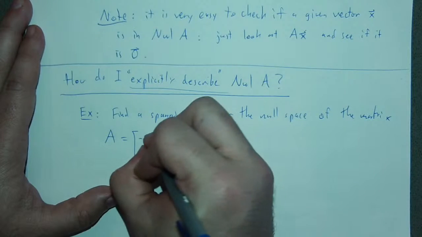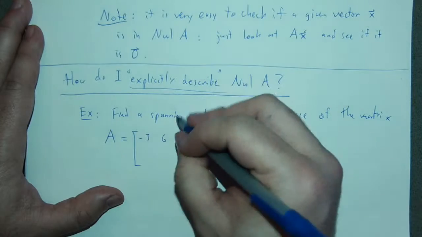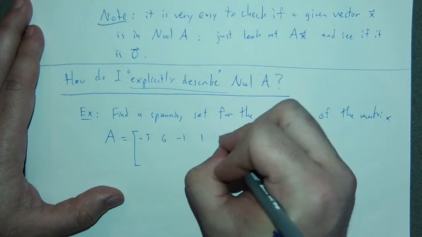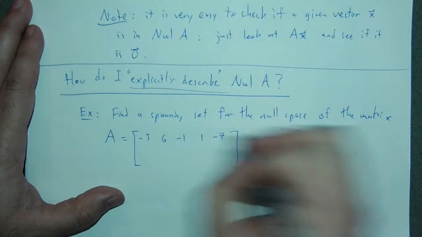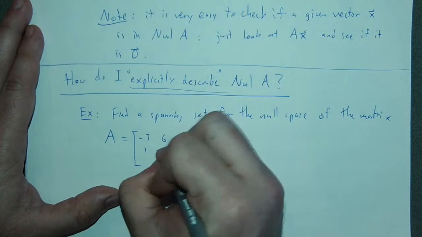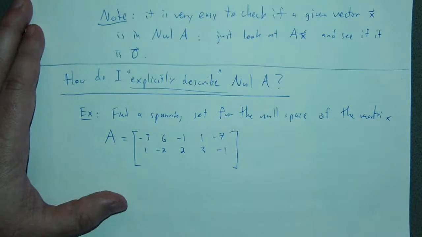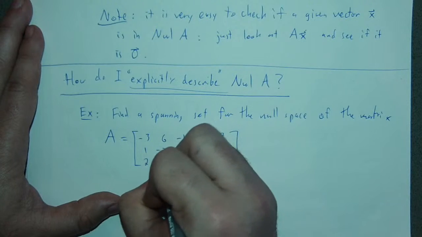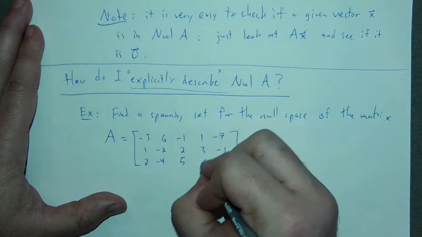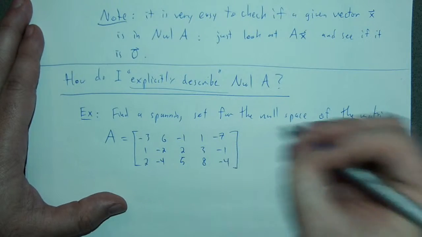I'm going to read row-wise: -3, 6, -1, 1, -7. The next row is 1, -2, 2, 3, -1. And the last row is 2, -4, 5, 8, -4.